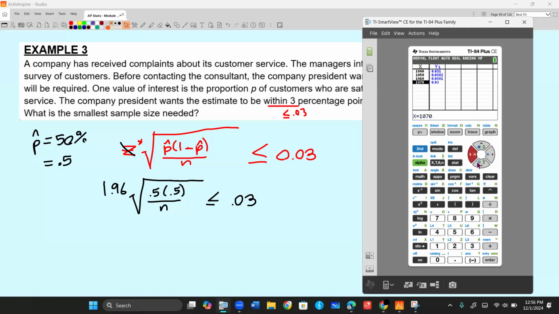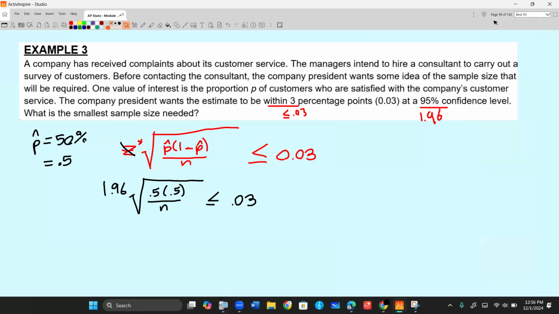So can we do something like 1,069? And that's going to be just under. Let's try 1,068. And then 1,067. And you can see 1,067 is just a little bit above. So 1,068 is the very, very smallest number I can get away with being under 3%.